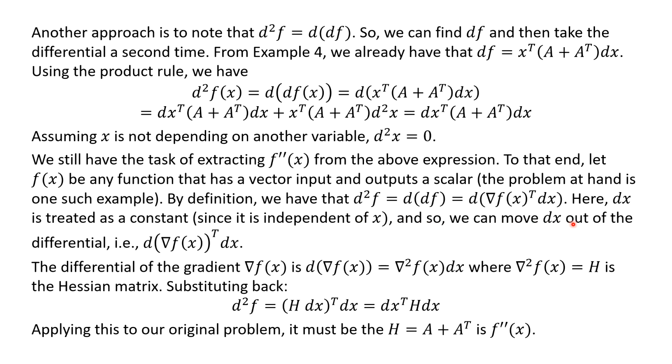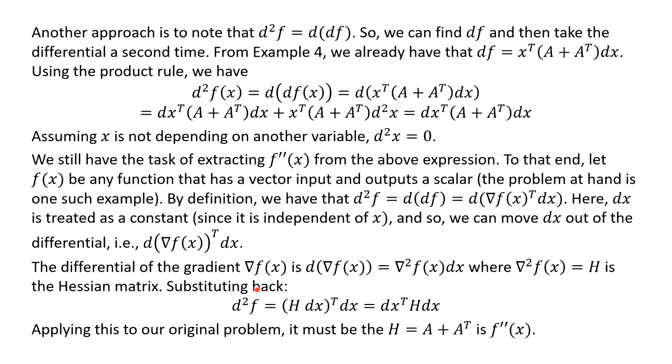And so we can move the dx out of the differential like this. So in other words, this is equal to this. The differential of the gradient is here, and that's basically the second order gradient of f of x times dx, where this is the Hessian.